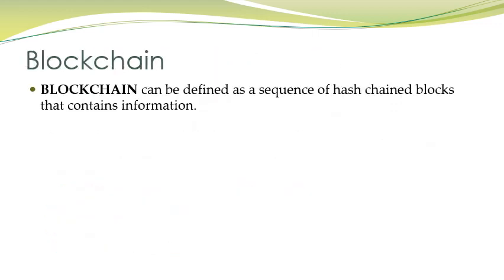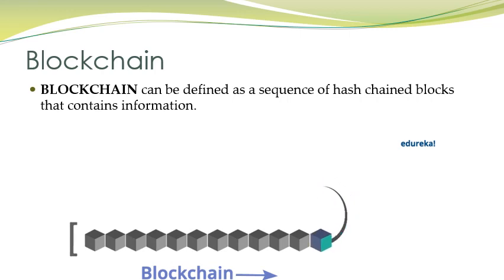In previous sessions we have studied what is blockchain. In this session we are focusing on smart contracts. In previous slides we have seen what smart contracts are, and now we have to see what blockchain is. Blockchain can be defined as a sequence of hash chain blocks that contain information. These blocks are linked through hash values. You can see the structure of this blockchain, which we have also seen in previous sessions.